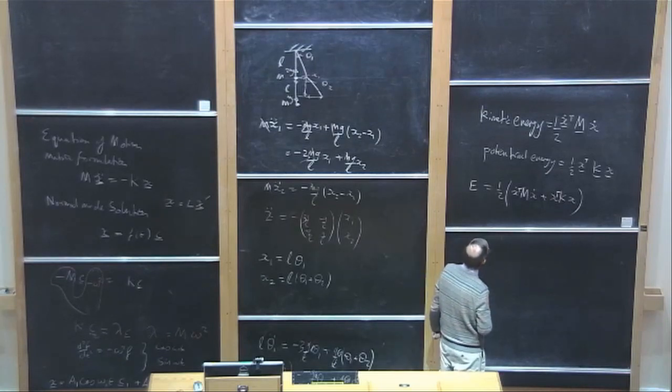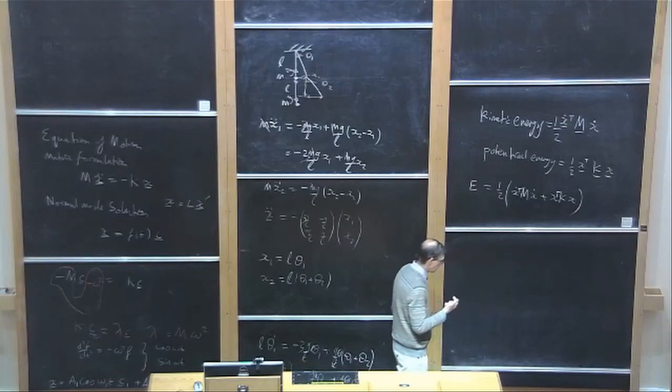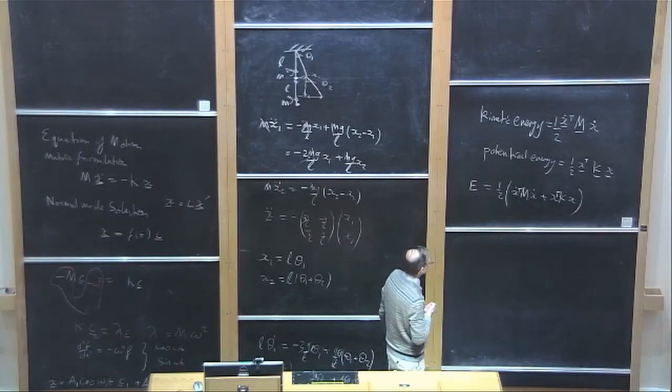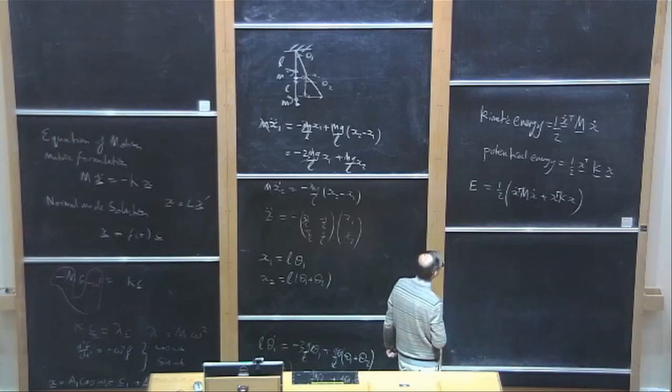You essentially get a half m omega squared times an amplitude squared for each of the normal modes.